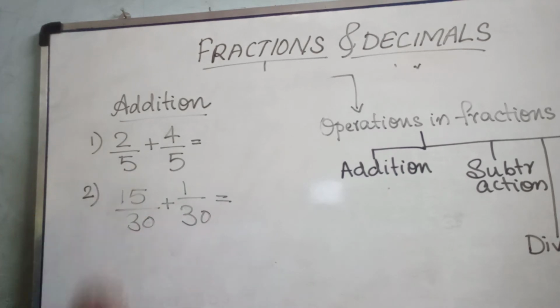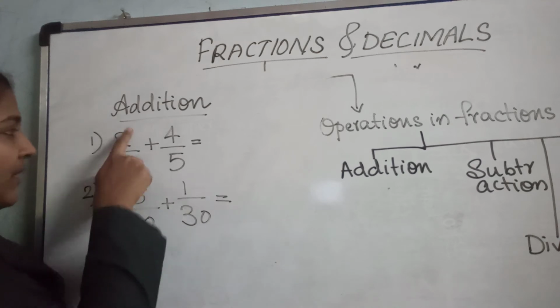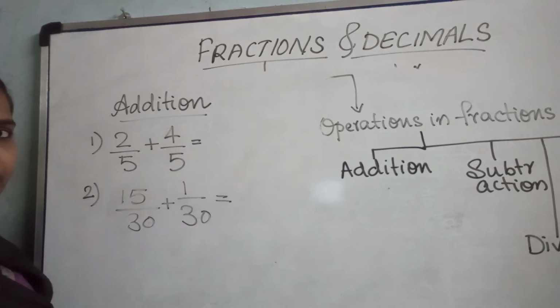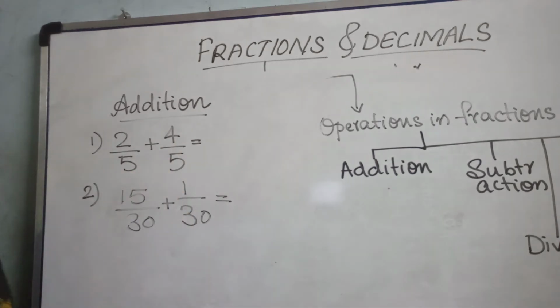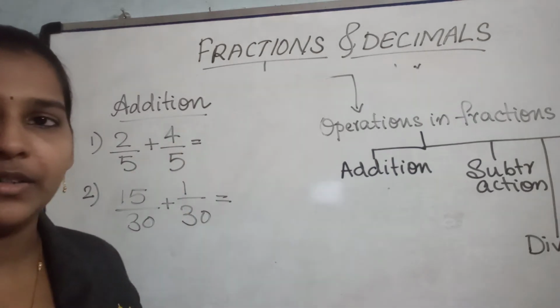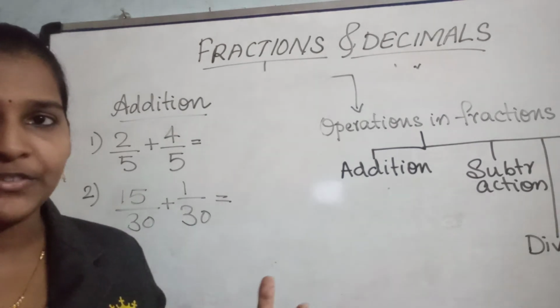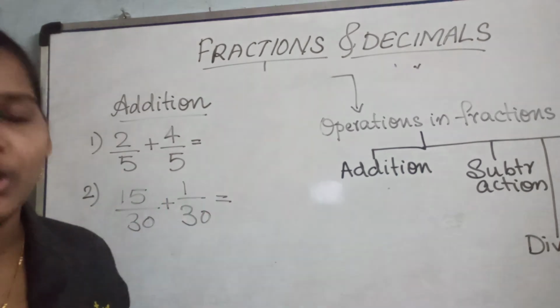Children, look at this question. Two addition questions are given. Here the fractions are 2 by 5 plus 4 by 5. So children, there are some other fractions called like fractions and unlike fractions. Like fractions means the fractions have the same denominators.